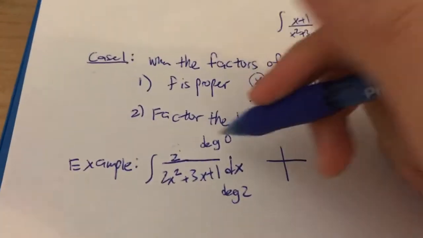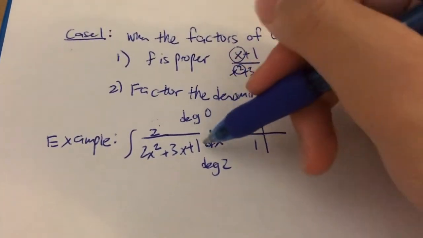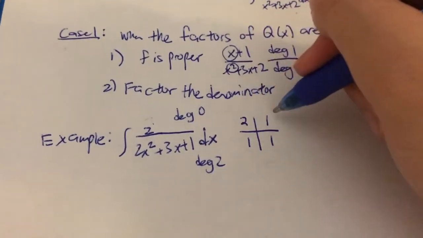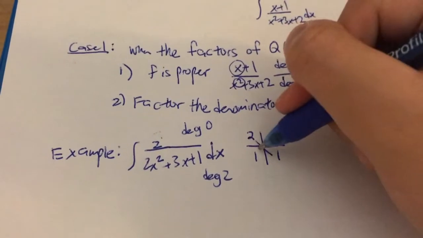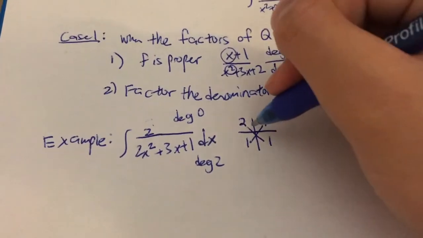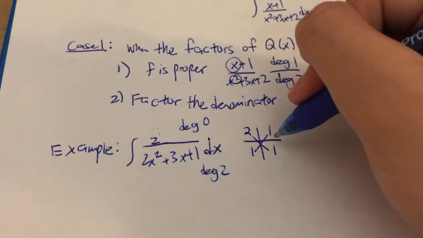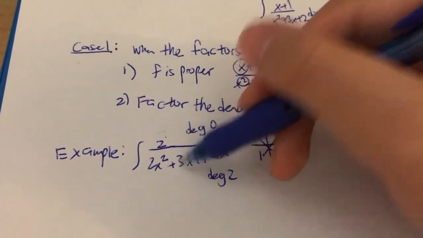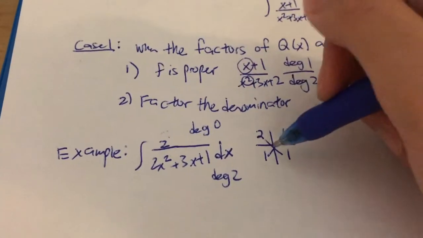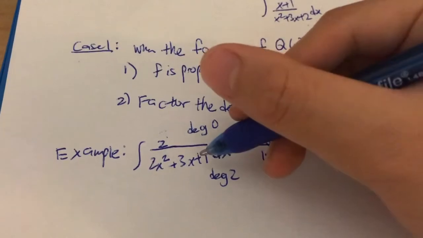The factors of the first coefficient, which is 2, are 2 and 1, and the factors of the last coefficient, which is only 1, are 1 and 1. We multiply diagonally, which is why it's called the cross method, and then the products we get, we add together, and we should get the number in the middle. So this is the proper factorization of this polynomial. 2 times 1 is 2, 1 times 1 is 1, so 2 plus 1 is going to be 3.